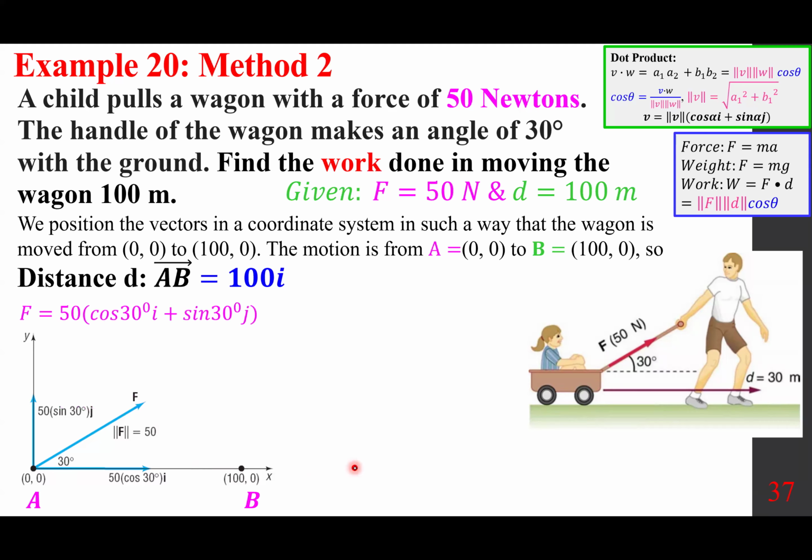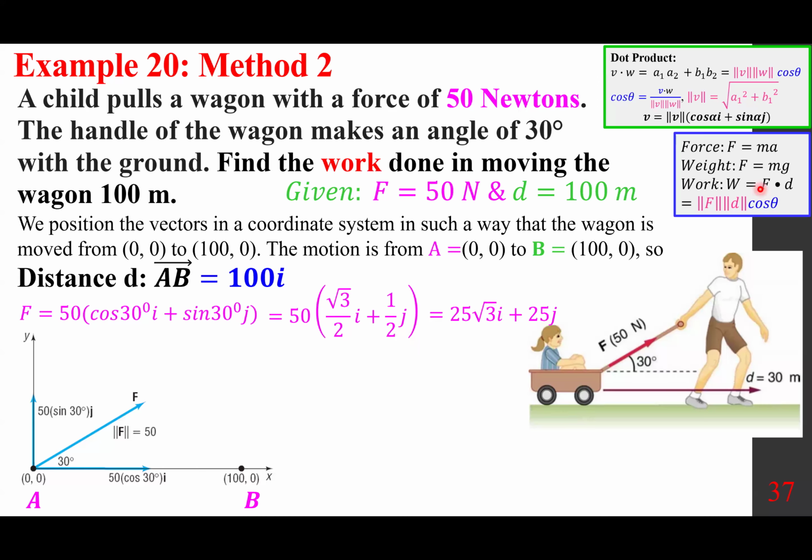And the force is 50 times cosine 30 degrees I plus sine 30 degrees J. And cosine is square root of 3 over 2. Sine is 1/2, which results in, drop the 2, we get 25 square root of 3 I plus 25 J.